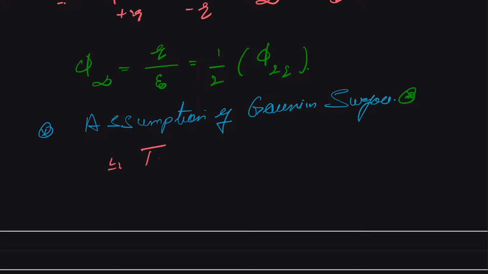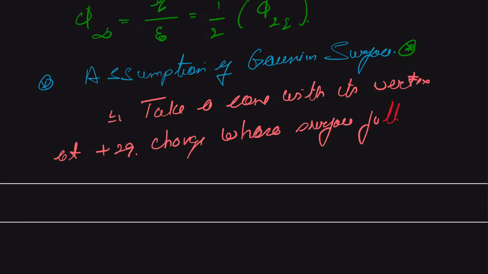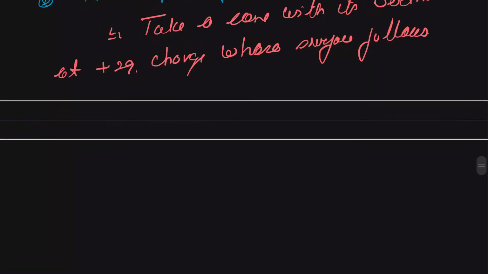We take a cone with its vertex at plus 2q, whose surface follows the separating field lines.